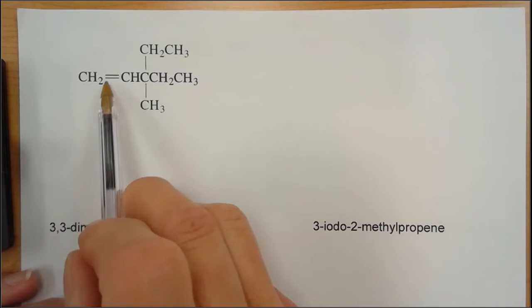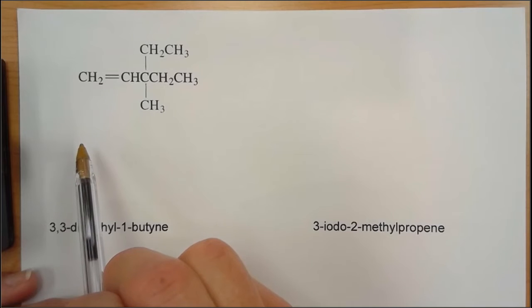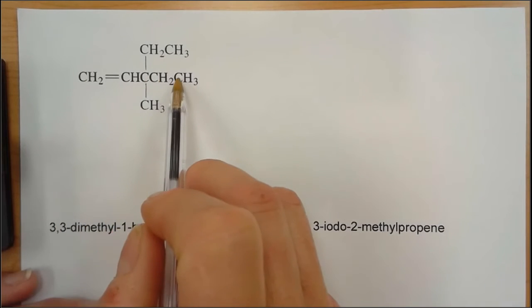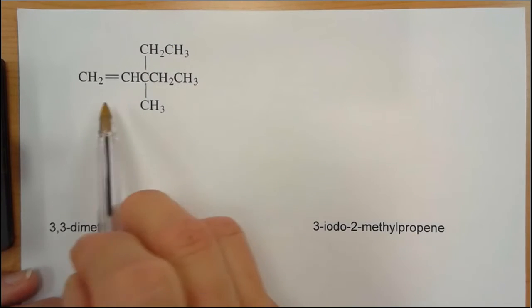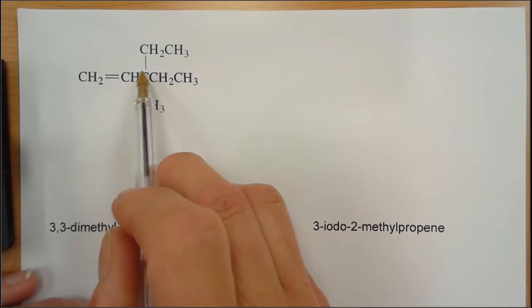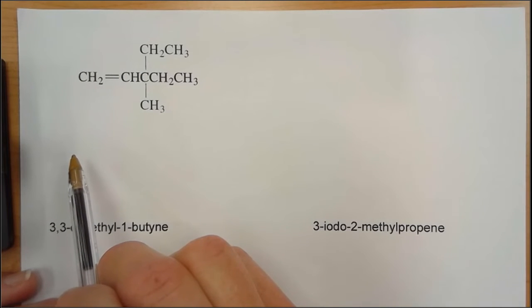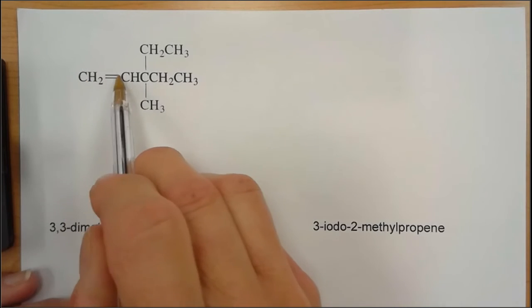We know that this is an alkene and it must be part of the longest carbon chain. So we will start here, 1, 2, 3, 4, 5, 1, 2, 3, 4, 5, 1, 2, 3, 4, 1, 2, 3, 4, 5. So it looks like 5 is the longest chain. It is easiest to just simply say 1, 2, 3, 4, 5.